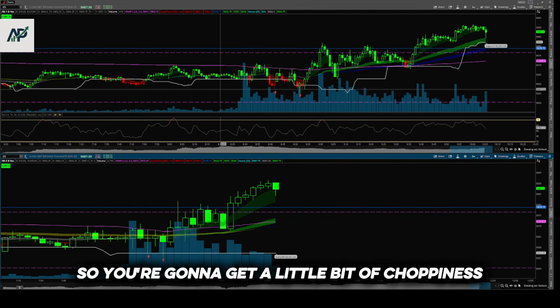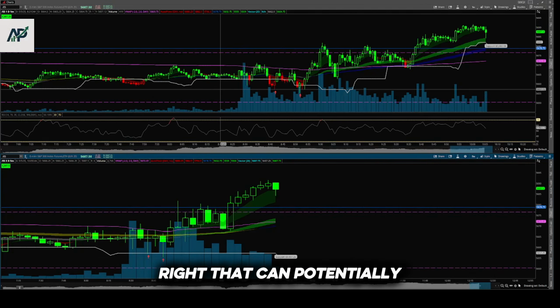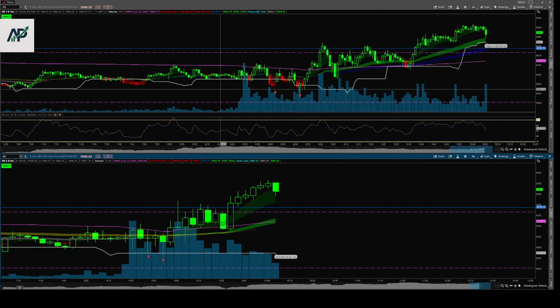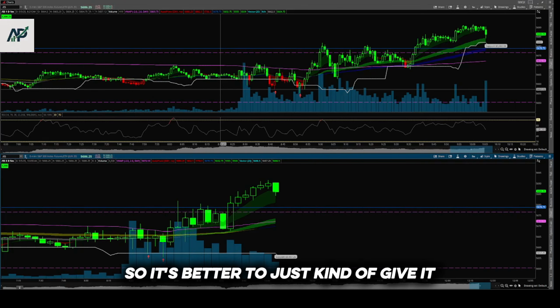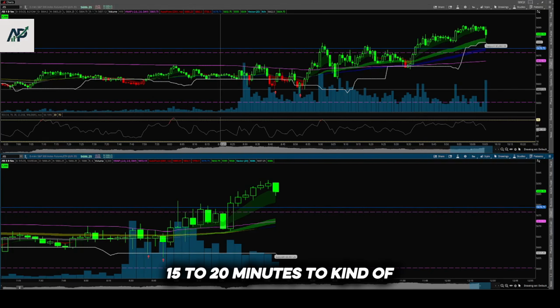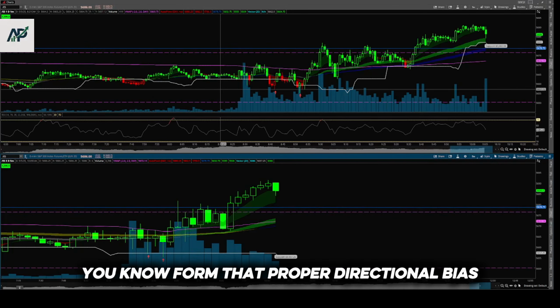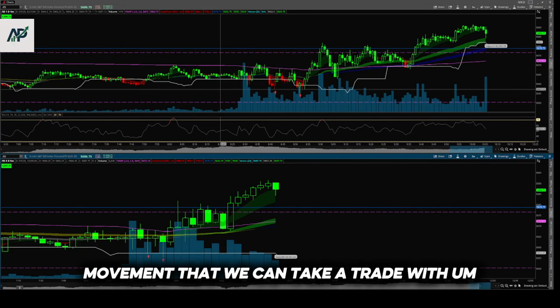So you're going to get a little bit of choppiness that can potentially cause you to hit a couple stop losses, and then you're going to start the day on the wrong foot, so it's better to give it 15 to 20 minutes to settle in and form that proper directional bias movement that we can take a trade with.